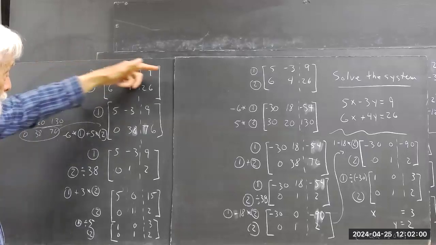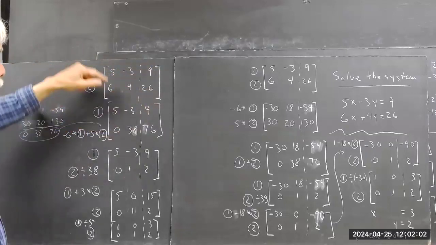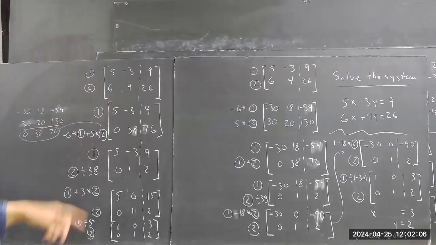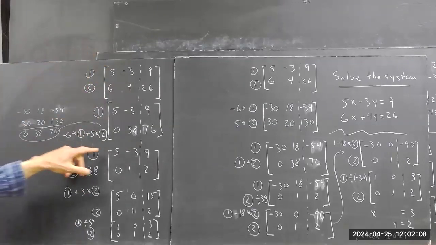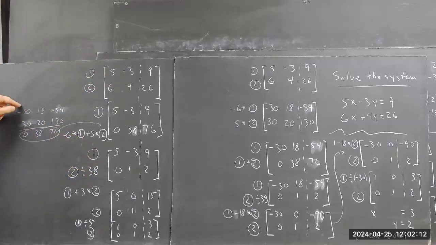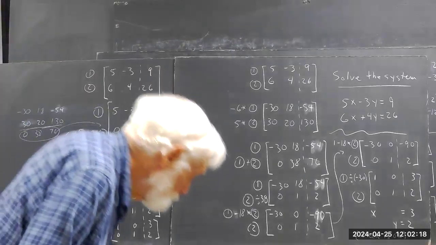So if I do 6 times this row and 5 times this row, I'm going to have 30 in both rows. Now I want a negative 30 in one row, so we'll make one of those negative. Okay? So that I get negative 30 and 30. I'll match up those numbers. Now what would I do?